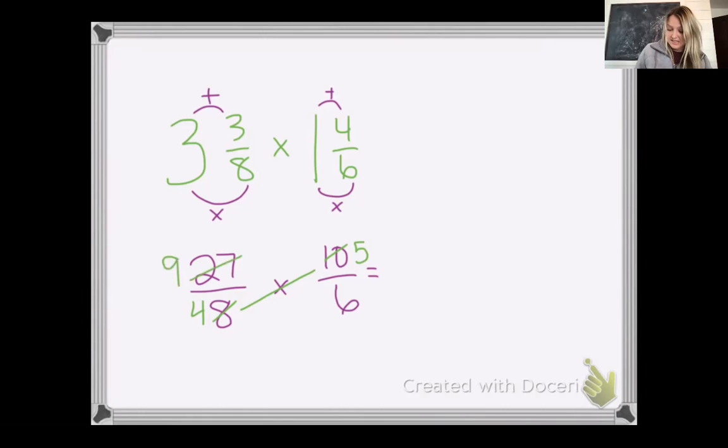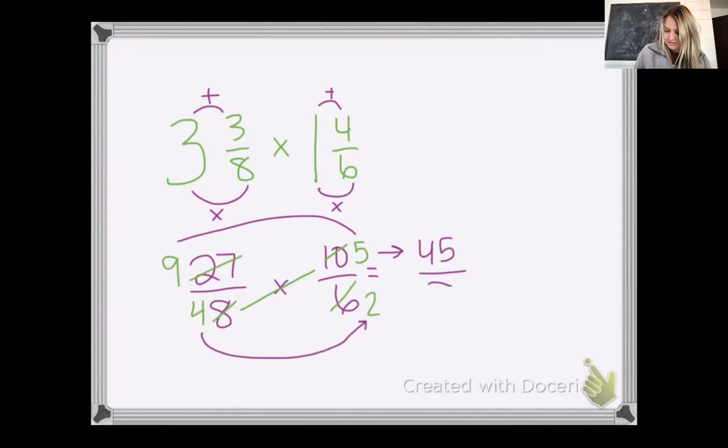If I take 6 divided by 3, I get 2. So now if I do 9 times 5, oh, this is so much easier. 9 times 5 is 45. And 4 times 2 is 8. Oh, so much easier. Whew. Okay. So now we can do 45 divided by 8. That is much nicer.